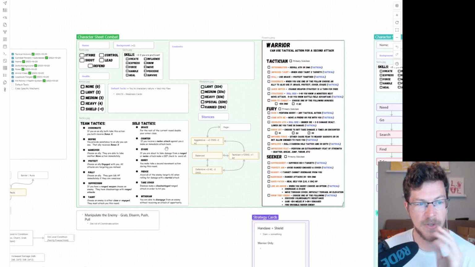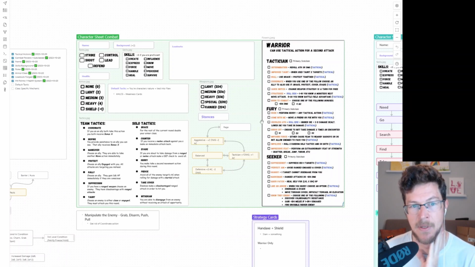So that's tactical actions. Tactical actions are what I think should be the cognitive load part of your turn. Your actual abilities that you get for your subclass, I like to think of these powers as things that alter specific tactics, or passives that are always on, that are flavorful.